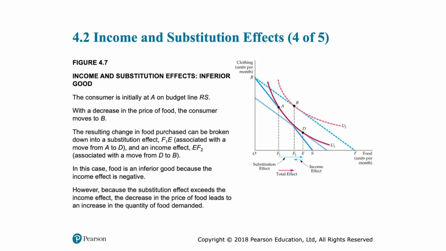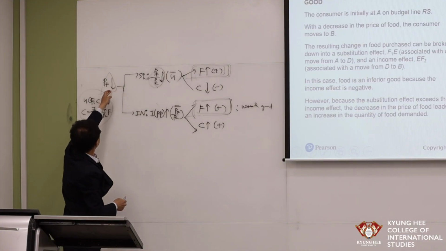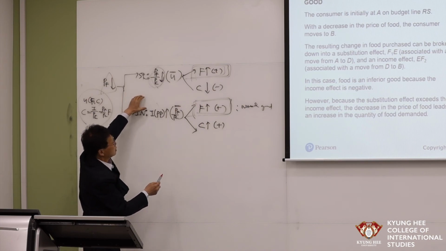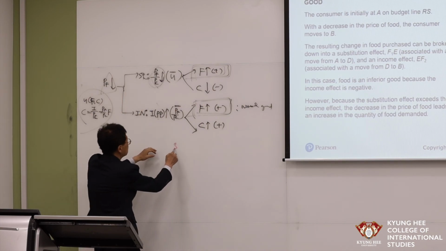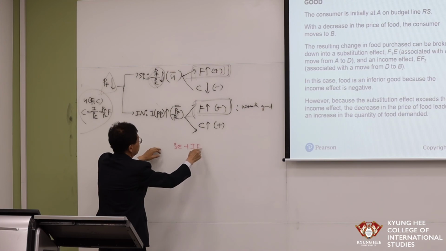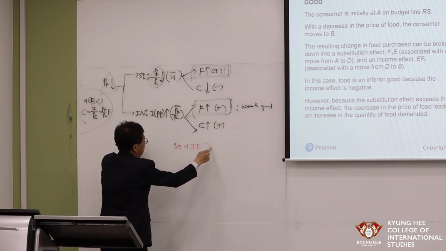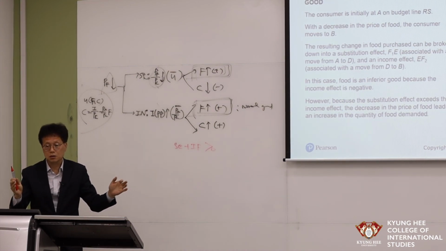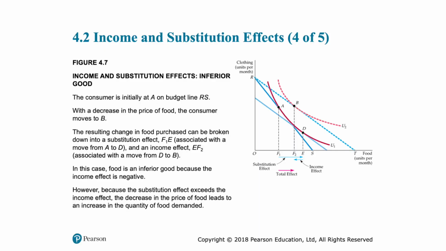So your total effect is this one, F1, F2. Anyway, positive, right? F1, F2, PF decreases, then the total effect is positive. Substitution effect plus income effect, anyway, positive, right? This total effect is decomposed into two things, substitution effect and income effect.